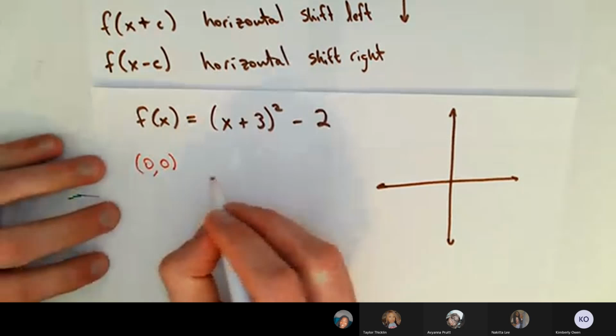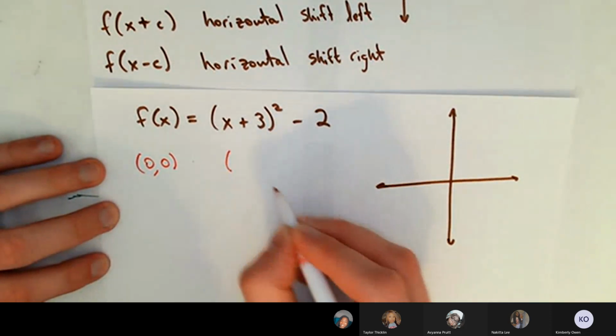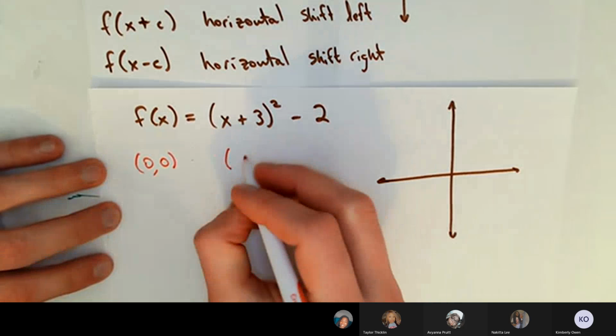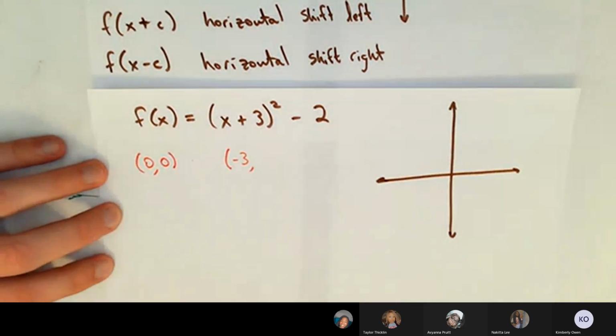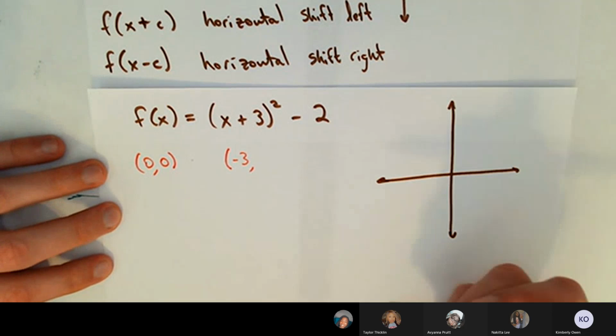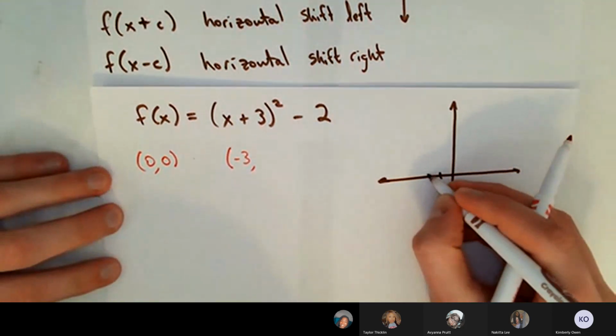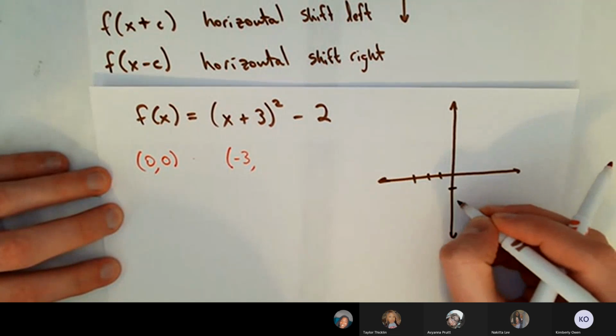And that point is going left by 3. So the new x value will be -3. That scoots it left into the negatives by 3, and also down by 2.